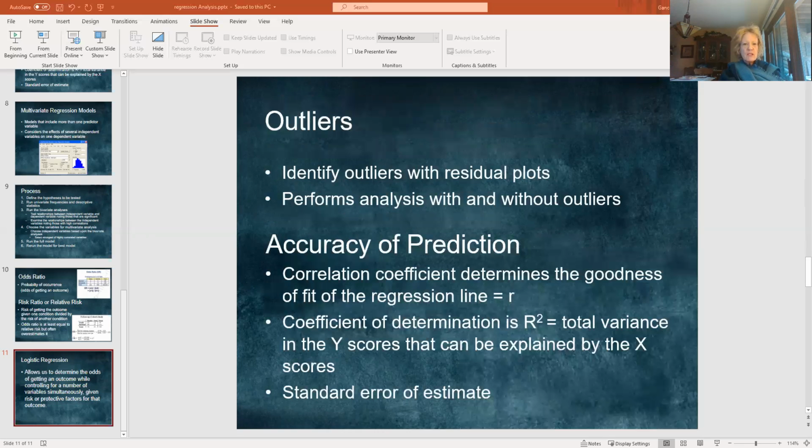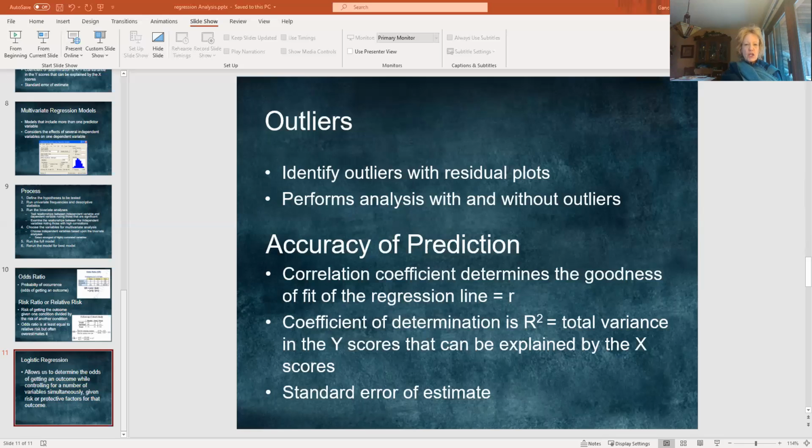So it's important to think about the outliers. Identify the outliers with your residual plots, and perform the analysis with and without the outliers so you can see if one value changes what your values are here. And the accuracy of your prediction is influenced by several things.